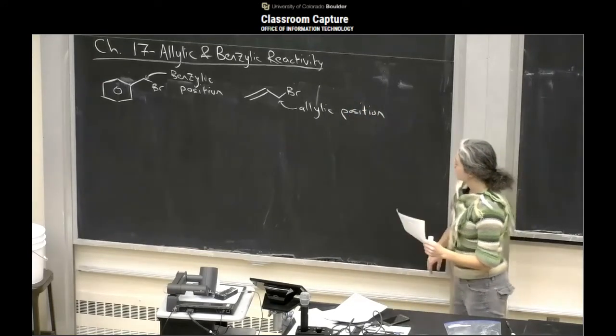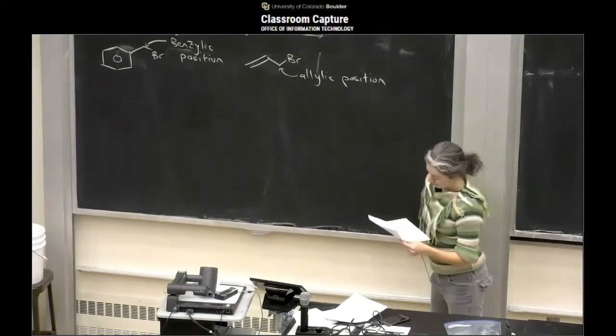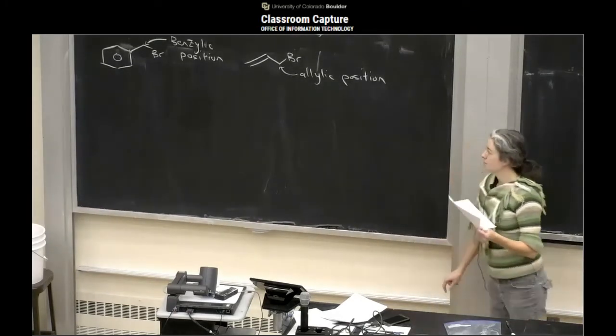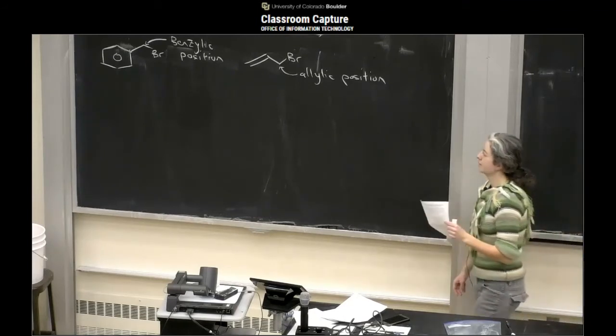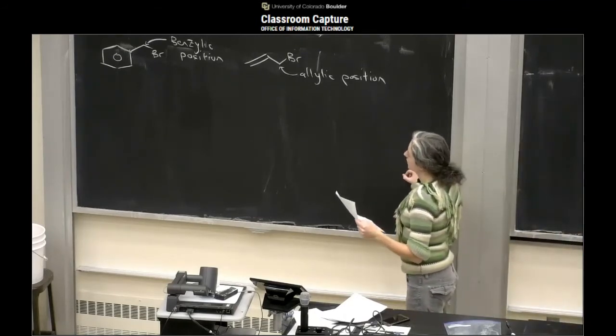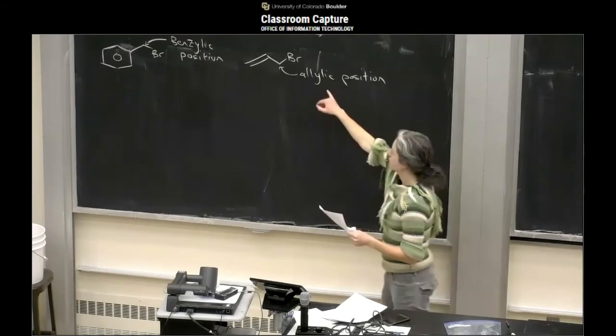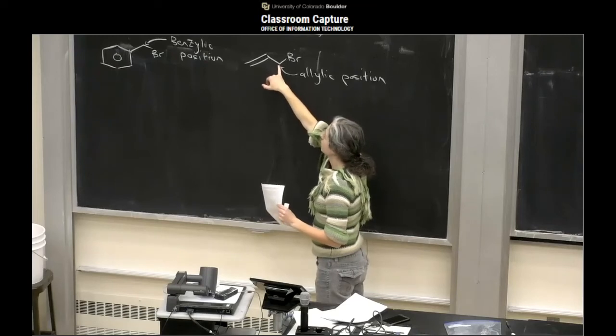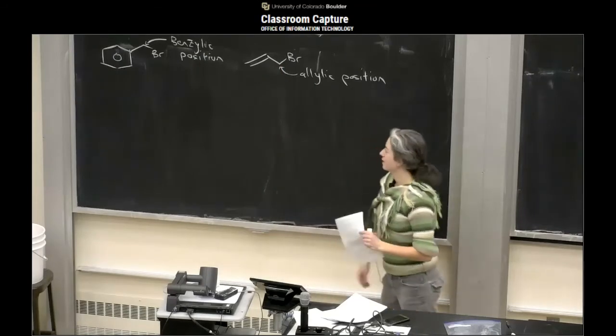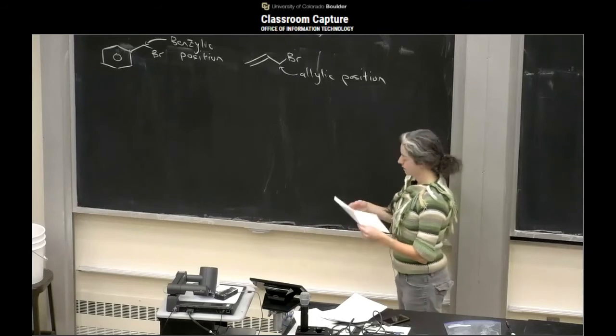Okay, so we already saw a little bit of this in Chapter 15, but now we're going to get quite a bit more into the details on it. Turns out that, I guess we already know that for the allylic position, anything you can do that puts a charge or a radical at the allylic position is going to be way more stable than it would be if not for the double bond.